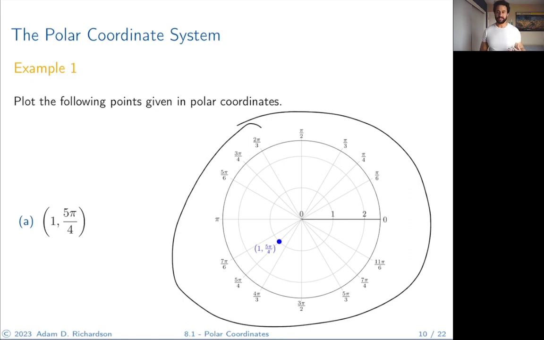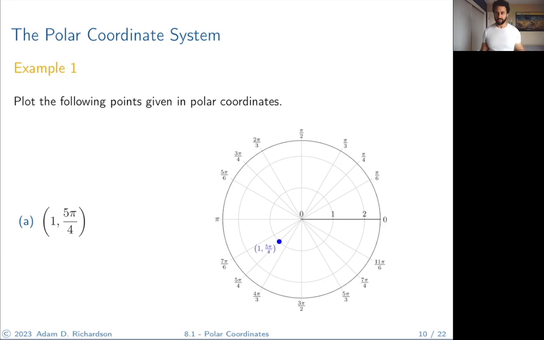What I marked on this grid are all of the standard angles, like pi over 6, pi over 4, pi over 3, pi over 2, and all their multiples that are less than 2 pi. And you can see all of the concentric circles of the different radii. Here, that's a circle of radius 1. This is a circle of radius 2.